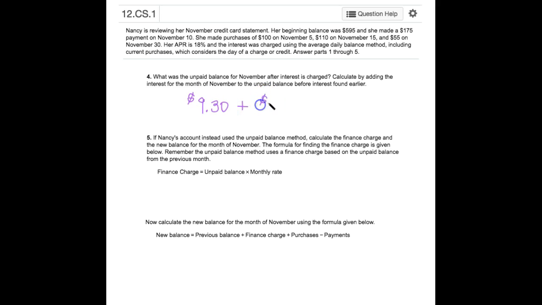And in part one, we found that the unpaid balance before interest was $685. That was the part where we took the previous balance and we added in all the purchases and subtracted out all the payments. And so that is going to give us our unpaid balance for November. So just the previous balance plus the interest is really what we're looking at here. So $694.30.